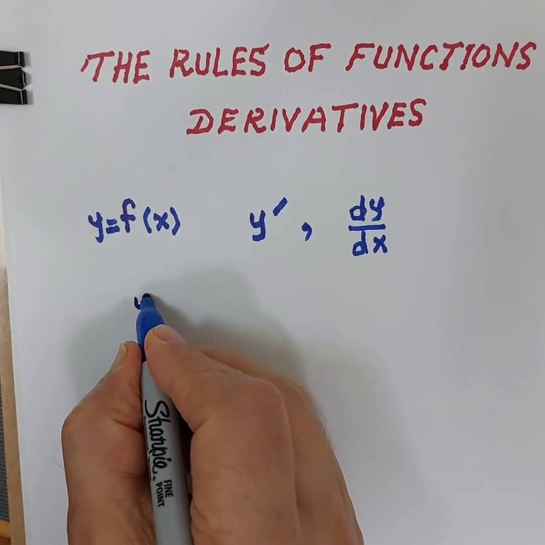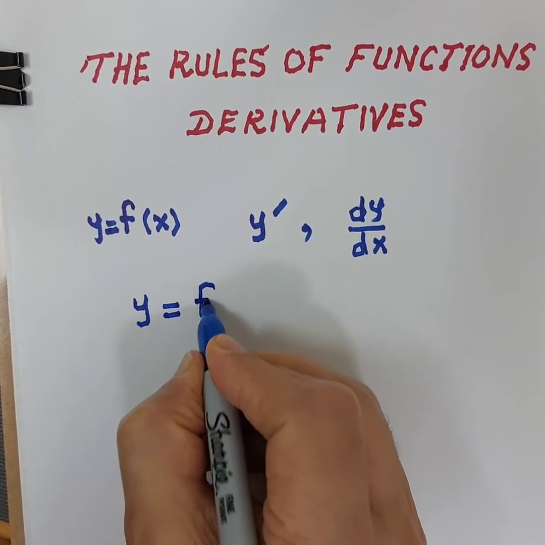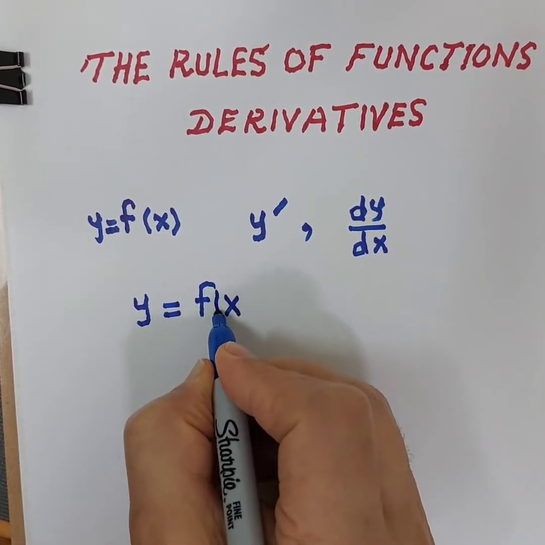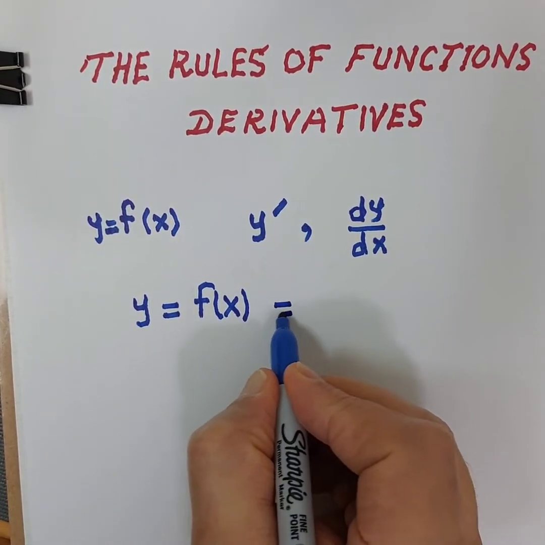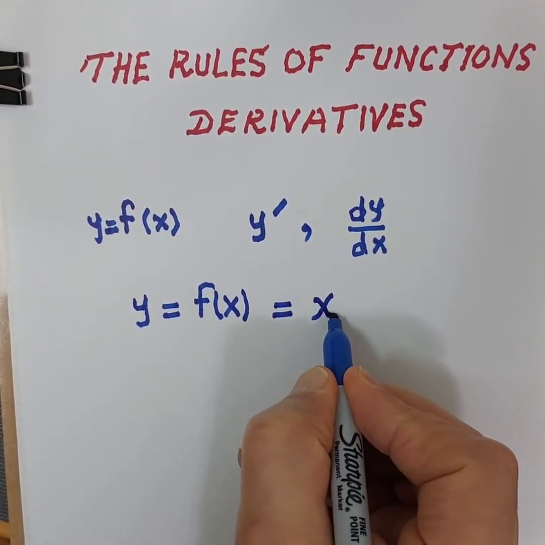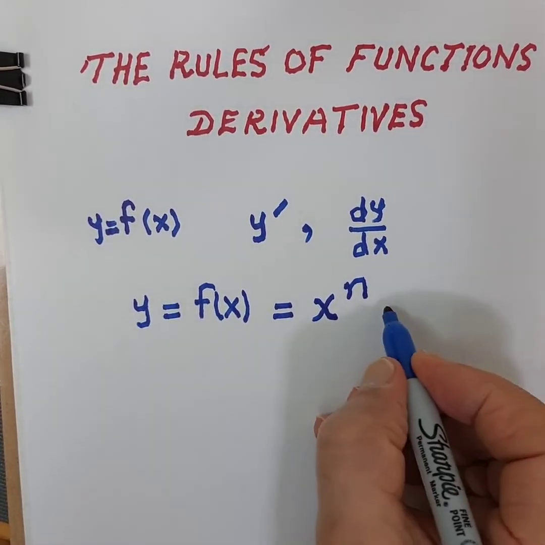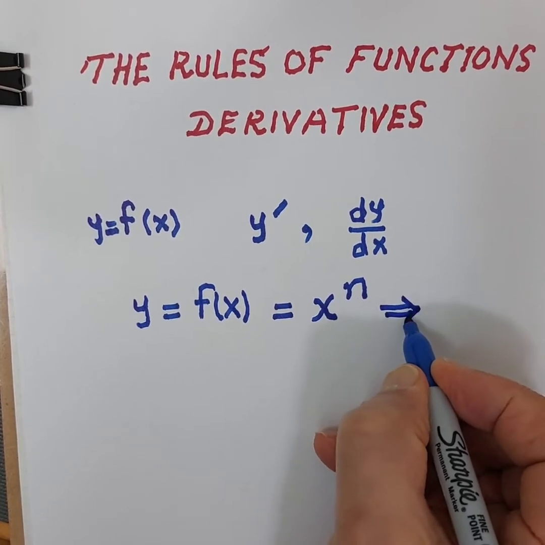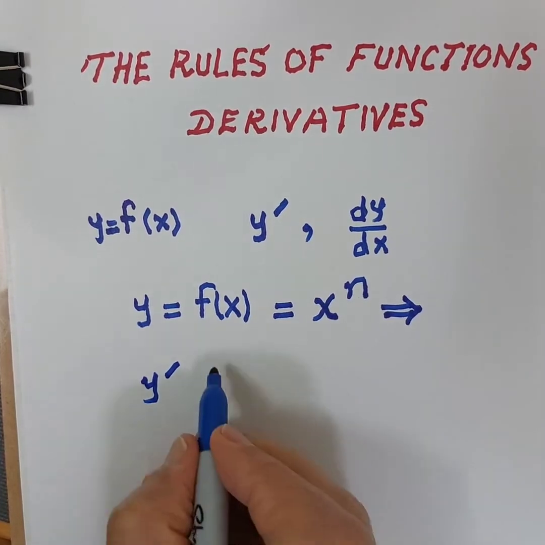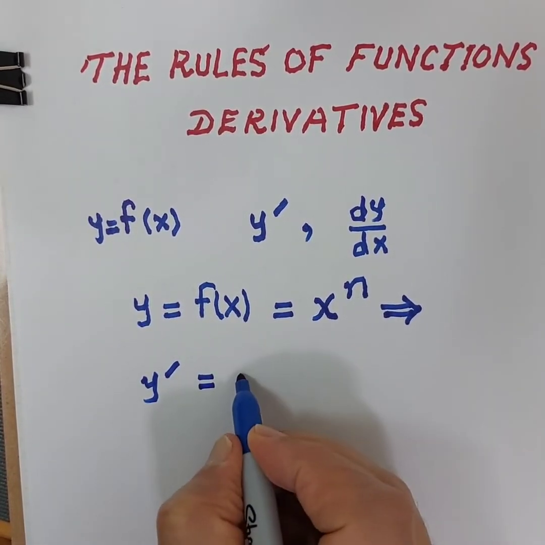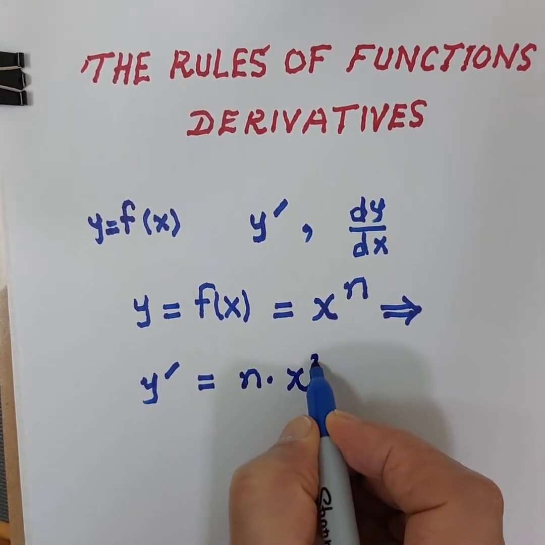If we consider y, as we said, is a function of x, where f of x is x to power n, so we can say the derivative for this function, y dash, is n multiplied by x to power n minus 1.